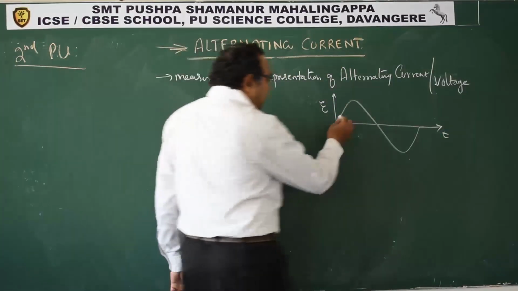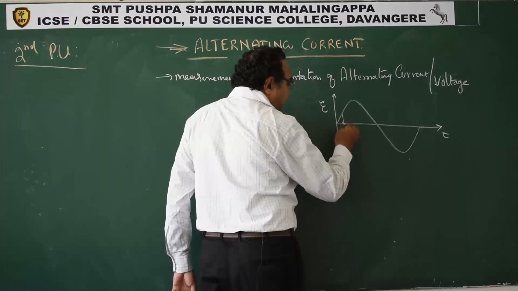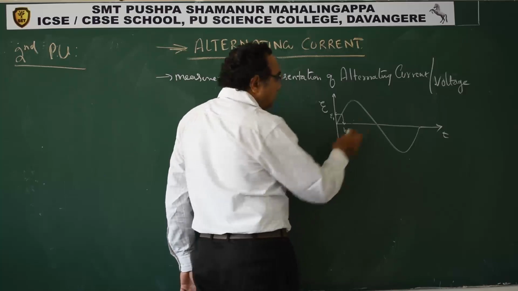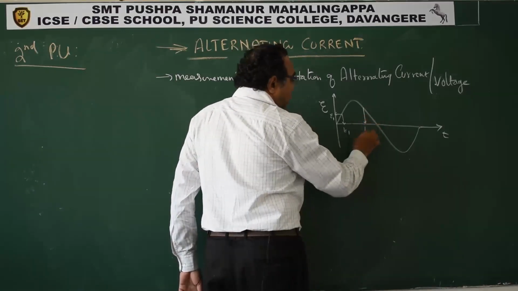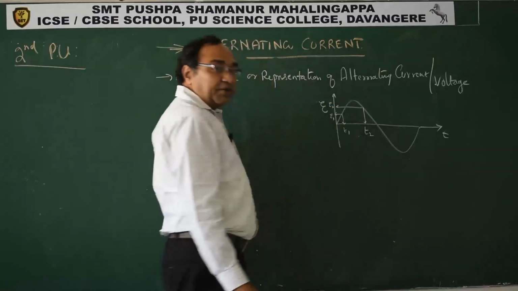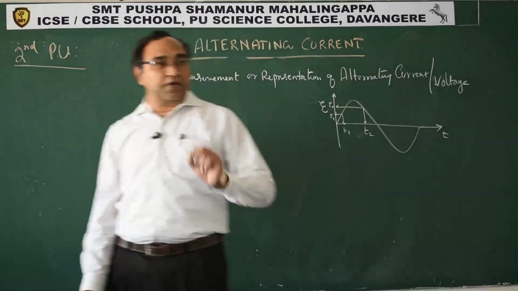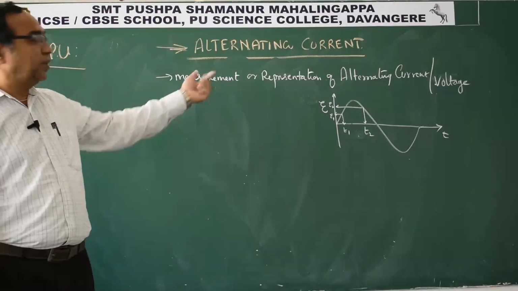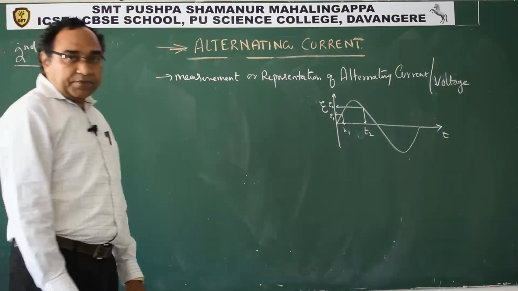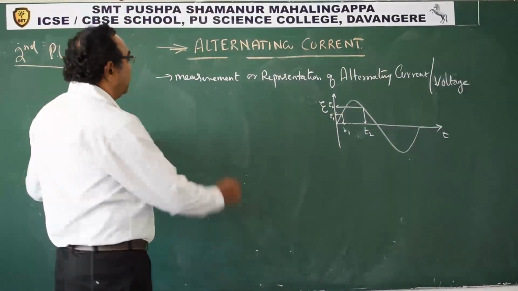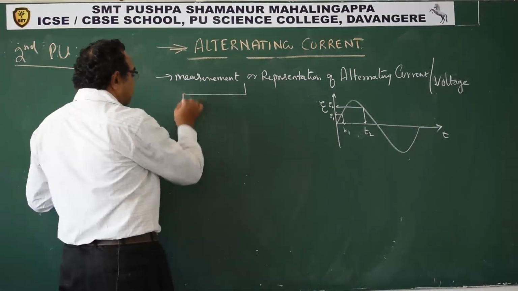Then can we say, see here, at a given instant t1, we have E1. At a given instant t2, we have EMF E2. At every instant the magnitude of the voltage EMF is changing. Then how to represent it? The representation of alternating current or EMF is done in two ways.